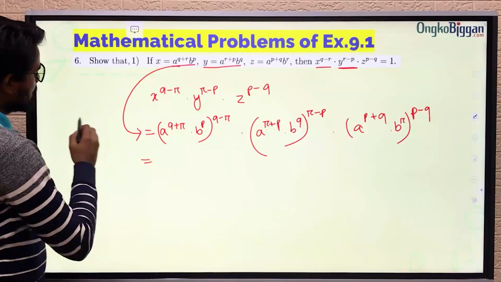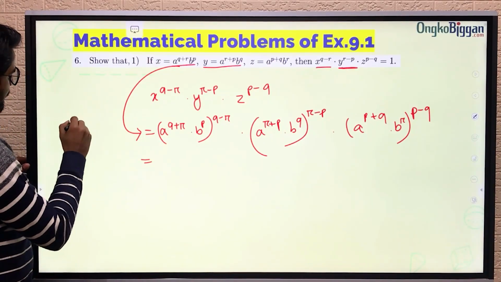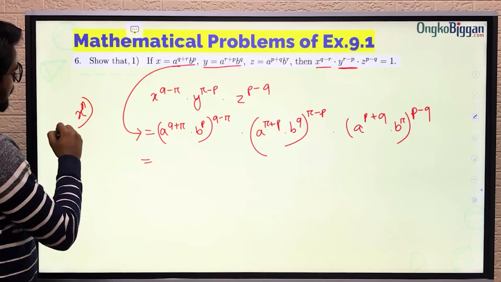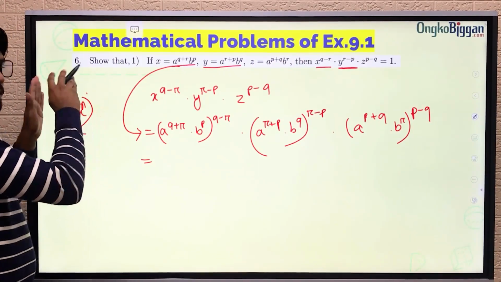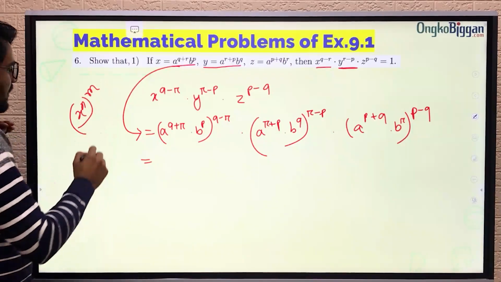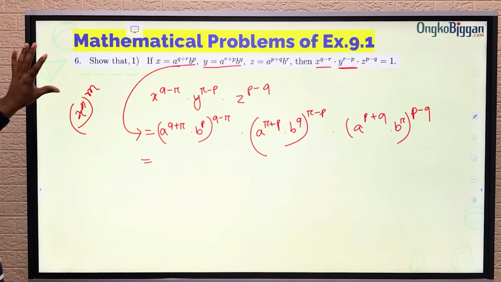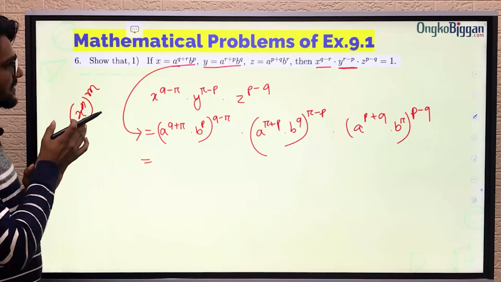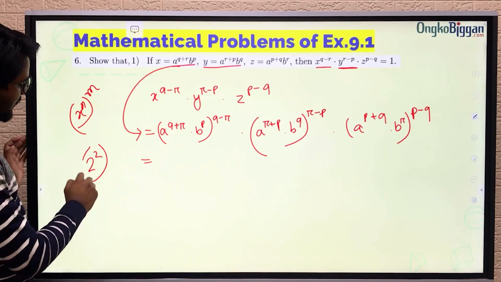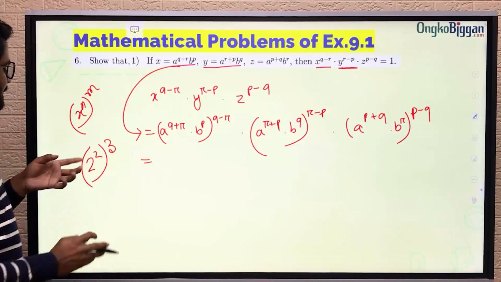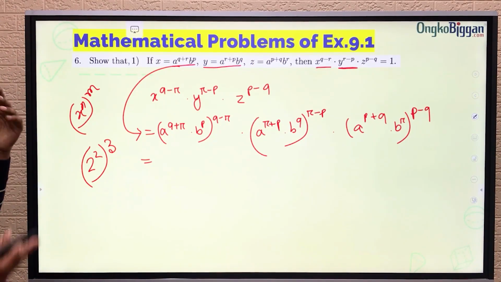So we know that x to the power n, the whole bracket, to the power n. If we have something in this format, for example 2 squared and then again cubed, we find the value of 2 squared, which is 4, and that value gets cubed.